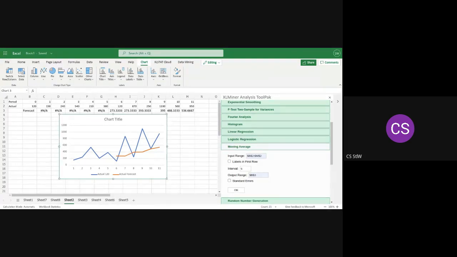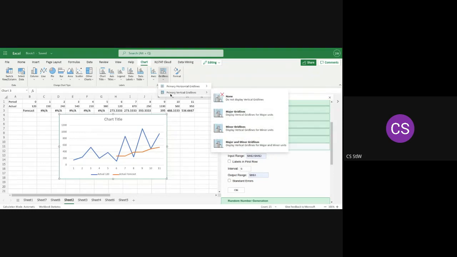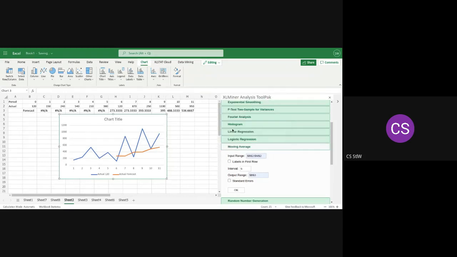But from this interval up to this interval, there's enough. You can also add grid lines. So you can see how that looks now.